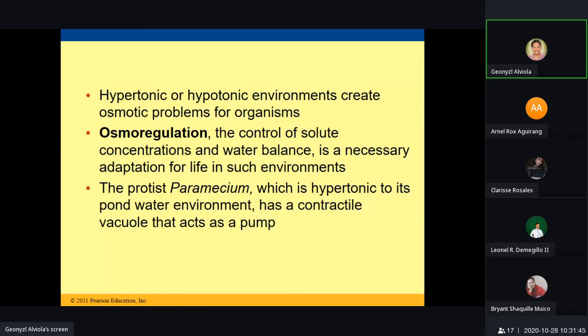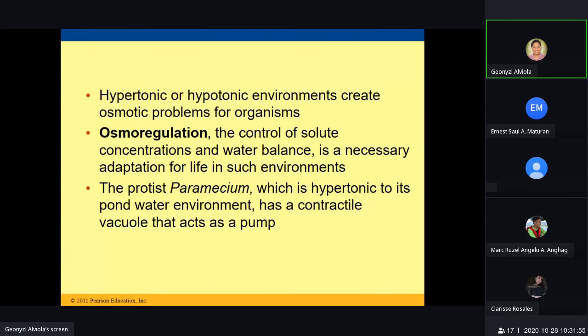So, ang mucus nakatabang sa mga isda. So, ang mucus that helps them to keep from imbalances sa homeostatic regulation. So, that maintains their homeostasis within the body.